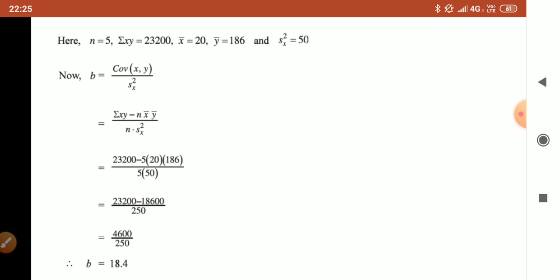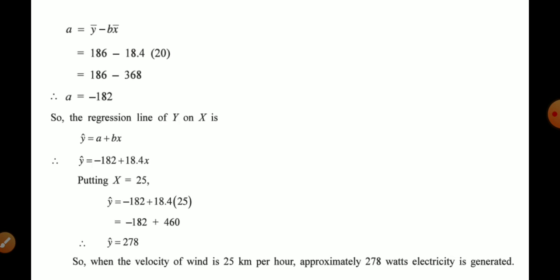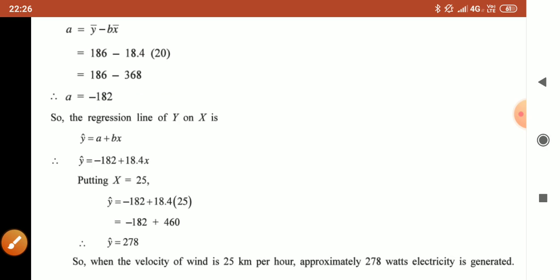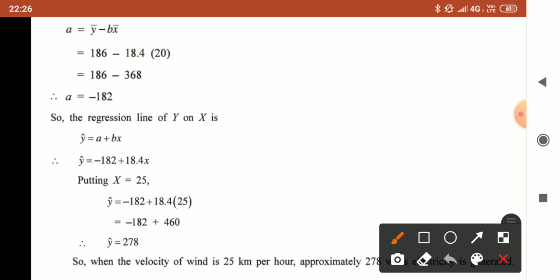X bar and y bar are already given, and b I have found. Now a, the intercept. So a equals y bar minus b x bar. See here, I'll put in the values, I'll get the answer. A equals minus 182. Now my next step will be to find the regression line y cap.